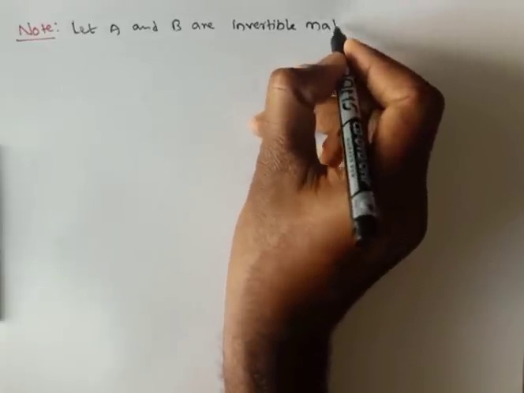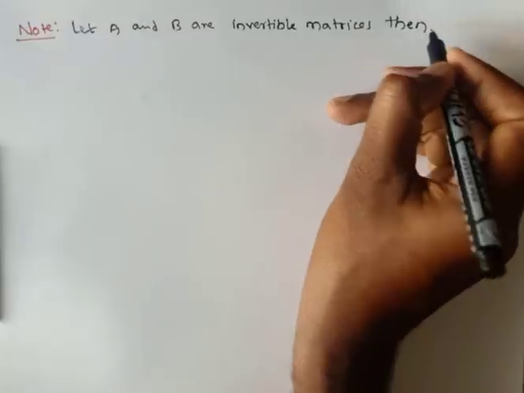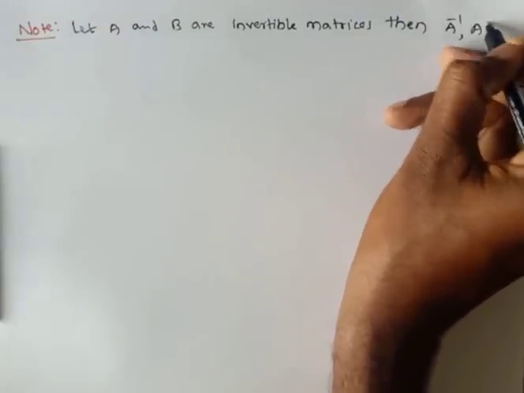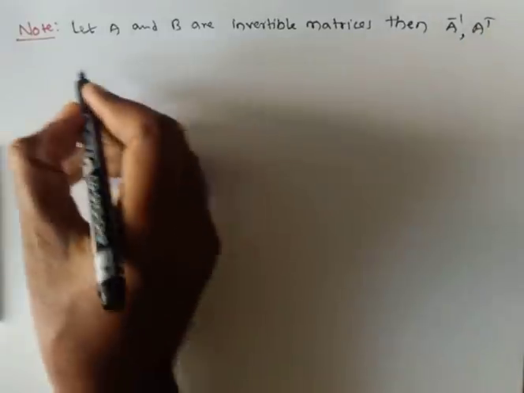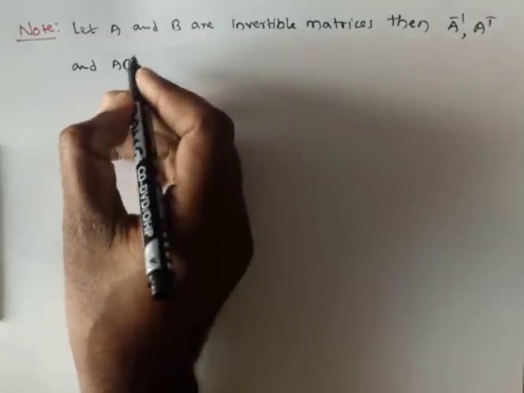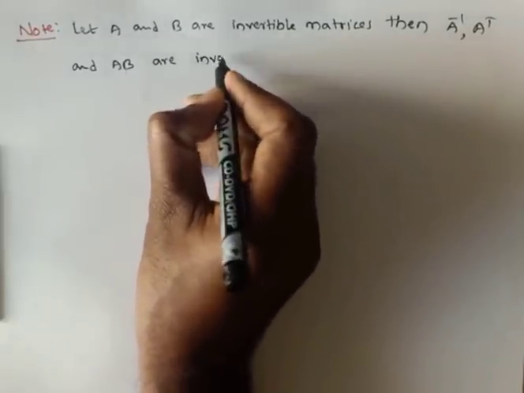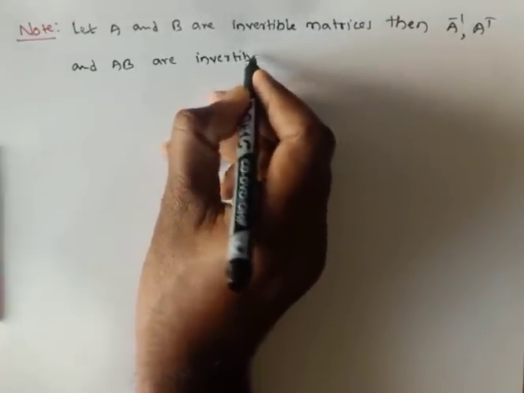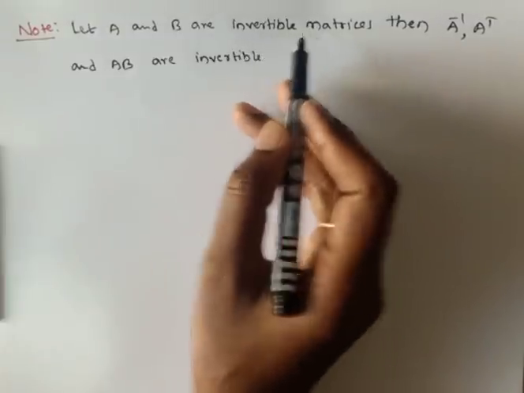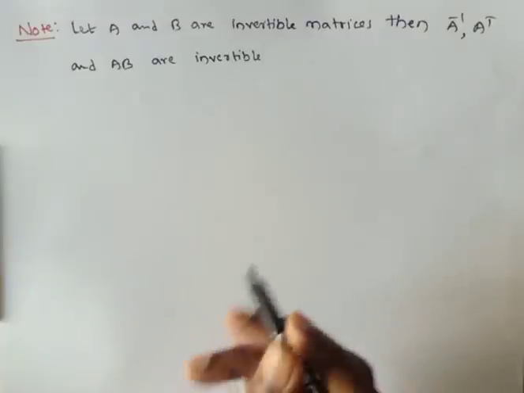Then A inverse, A transpose and A into B are also invertible. Means A and B are invertible matrices, then A inverse, A transpose and AB are also invertible.